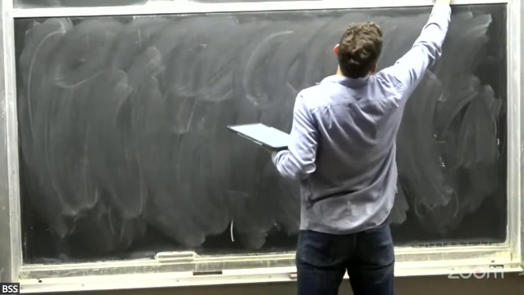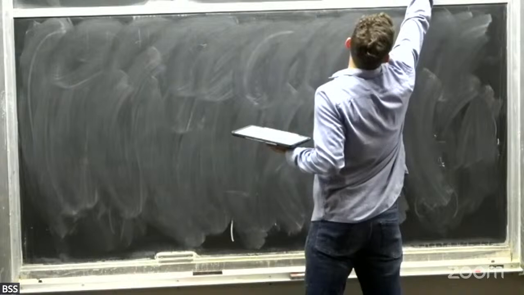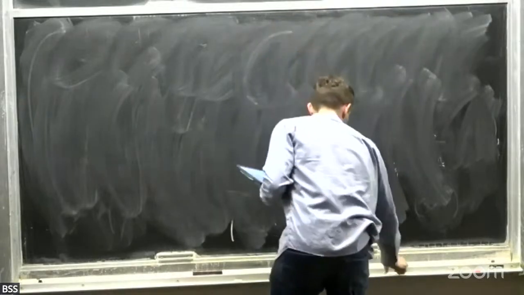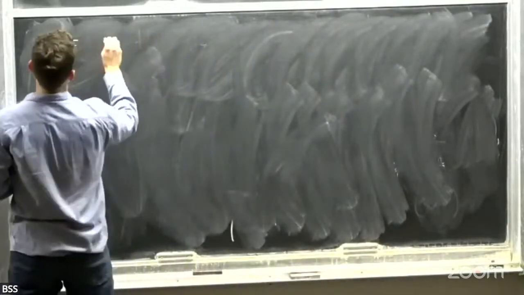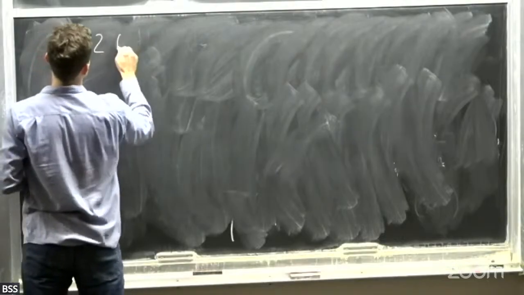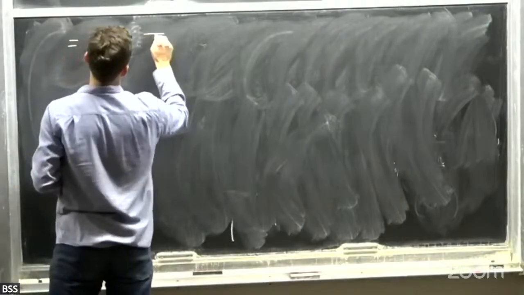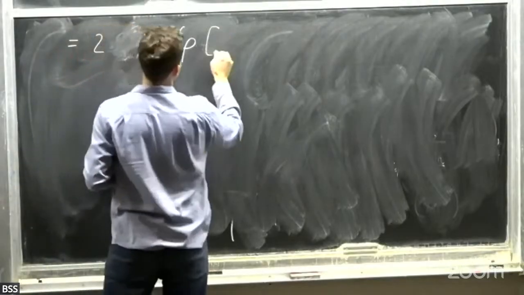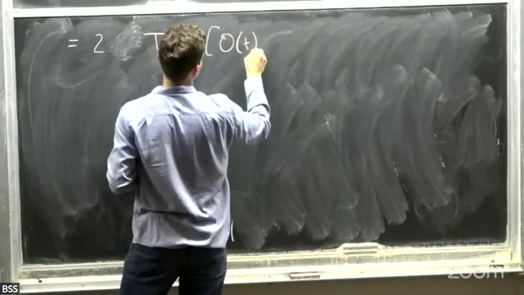This anti-time ordering flips them. So we actually get this term twice and this term twice. So we get a commutator. If t is positive, we get twice a commutator of the two operators.